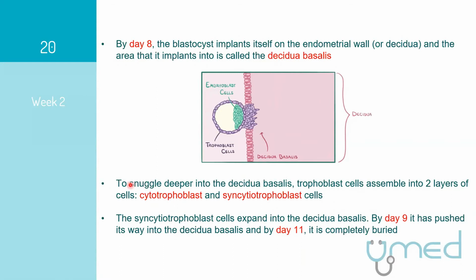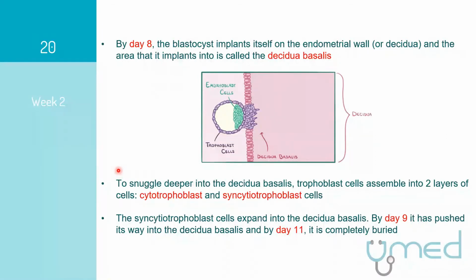All right. So to snuggle deeper into the decidua basalis, we have these trophoblast cells, which assemble into two layers, which we mentioned before, the cytotrophoblast and syncytial trophoblast. Now, the syncytial trophoblast cells expand into this decidua basalis, and by day 9, it will push its way into the decidua basalis.